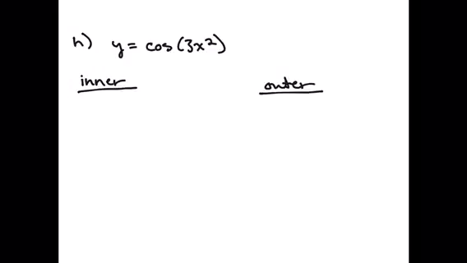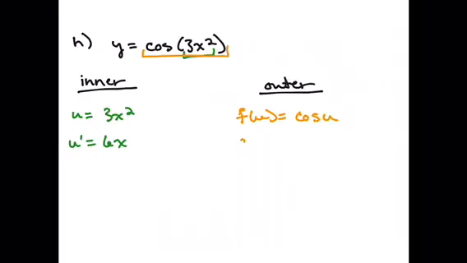Okay, one more here. I have cosine of 3x squared. So my inner function is 3x squared, and the derivative of my inner function then is 6x. My outer function is cosine of something. So we get cosine of u, and its derivative is negative sine u.